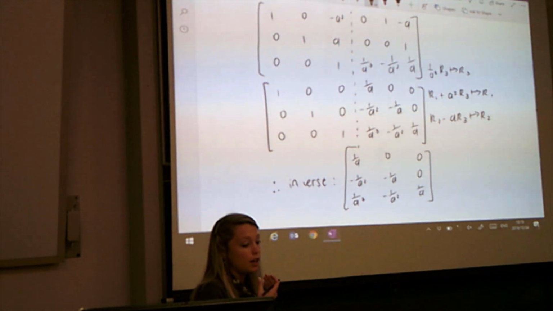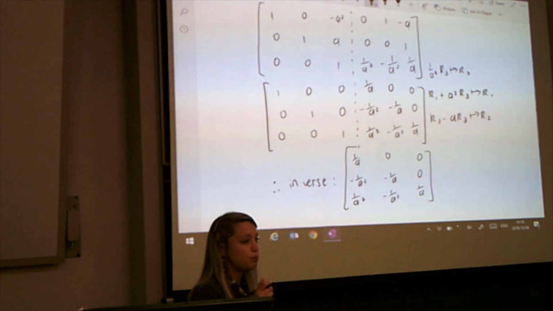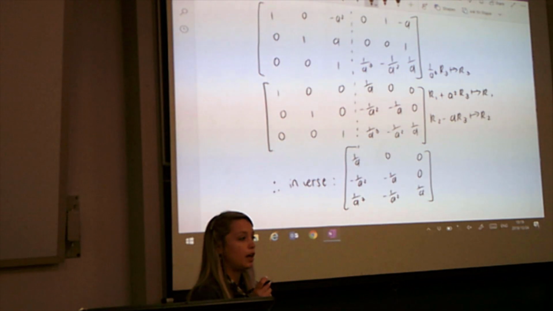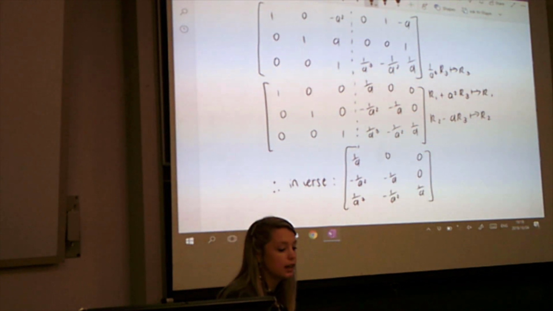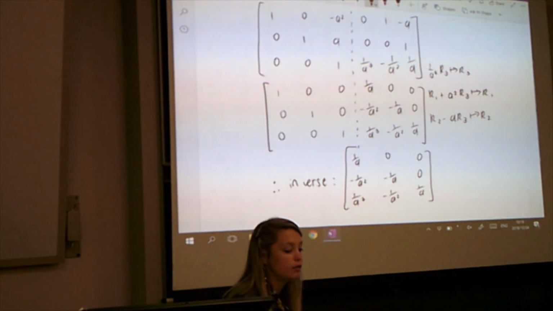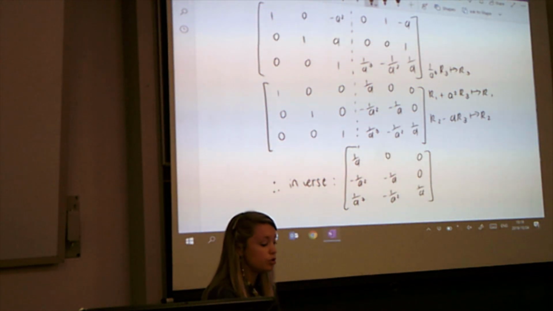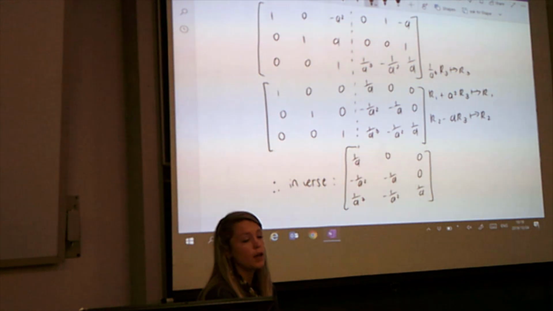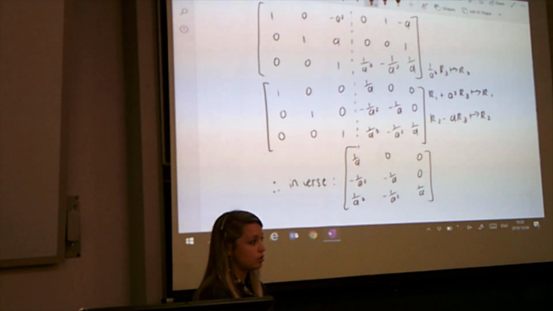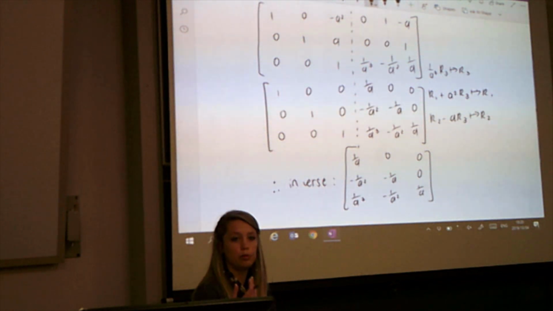Then the next one I'm going to look at, I'm just doing a simple one of these because there is one in the TUT where they ask you to get the inverse over Z5. I'm just going to do one over Z2, but you are not being examined on this, right? So that's why I don't want to focus on it.